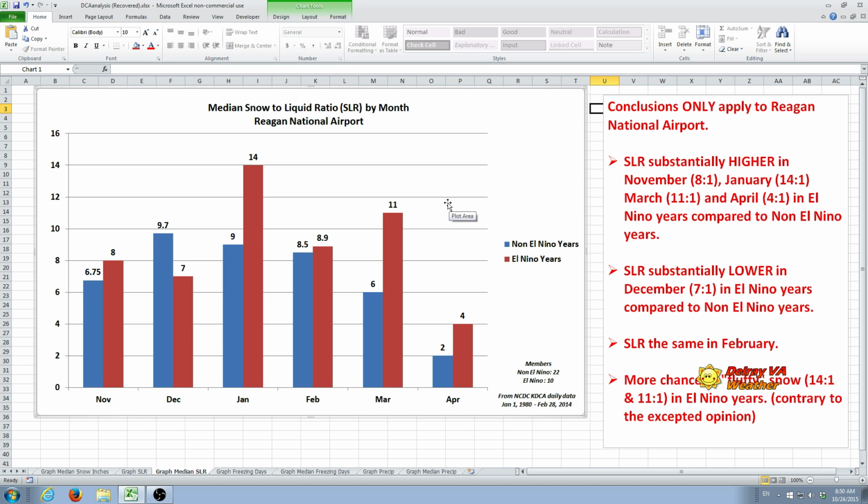And that absolutely is contrary to accepted opinions on El Nino winters. The general consensus is that it will produce a wetter snow in the winter, and the data doesn't bear that out.